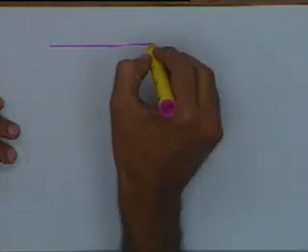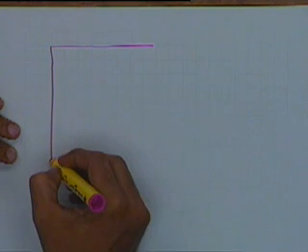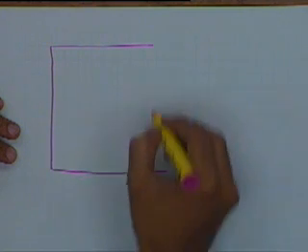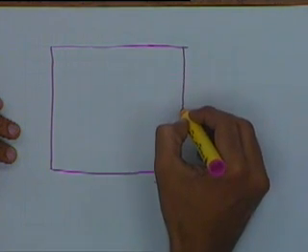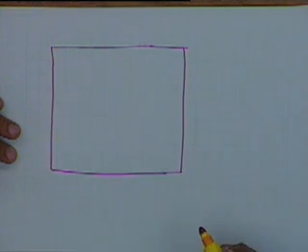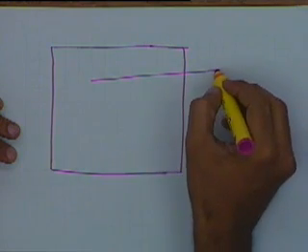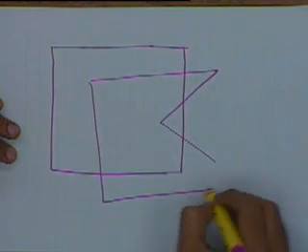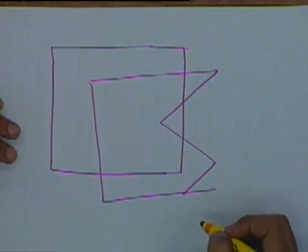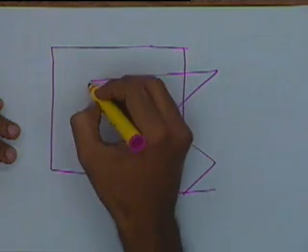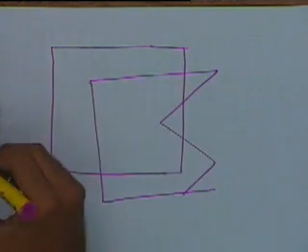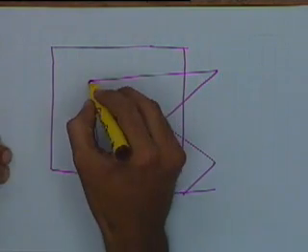For clipping a polygon and then finally getting a closed polygon from it, the basic technique would be this. If this is a clipping window and we have a polygon crossing it like this, as I said, finally we want this clipped polygon.